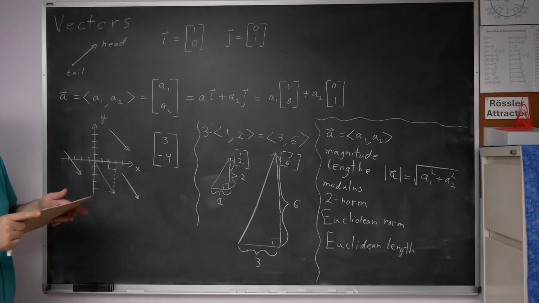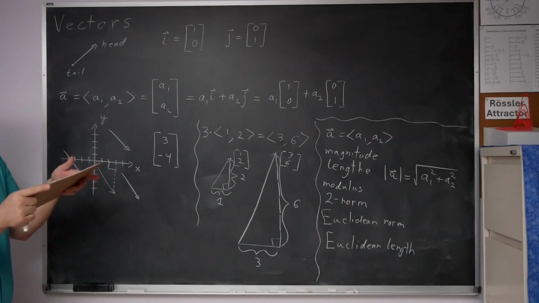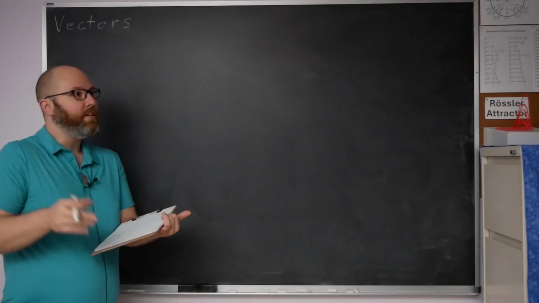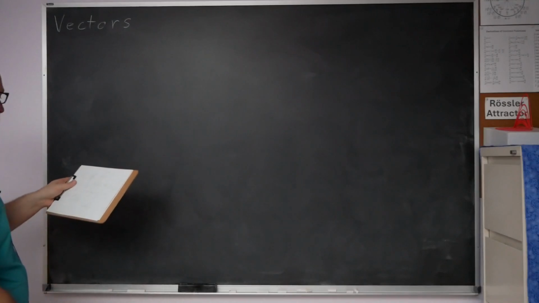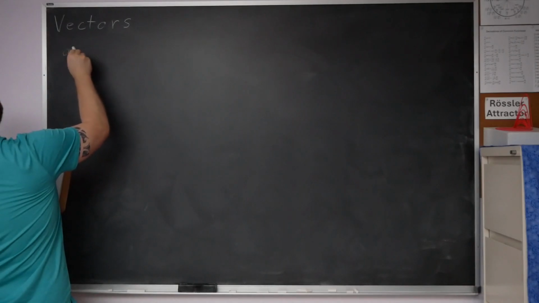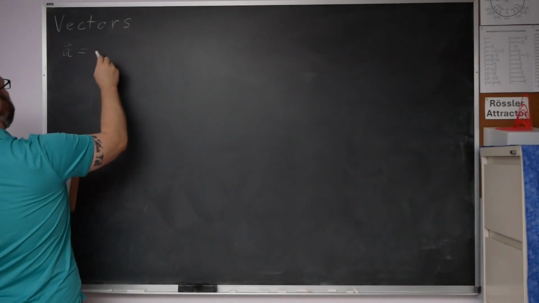All right, now we'll go through this again, but with 3D vectors. So vectors in 3D are much the same as vectors in 2D, just with another component added on. So you'll have vector A, and instead of 2 components, it has 3.